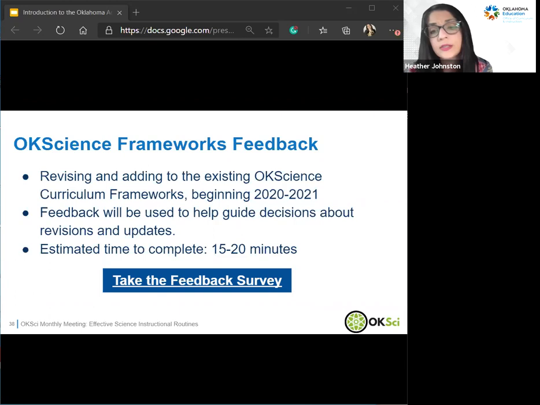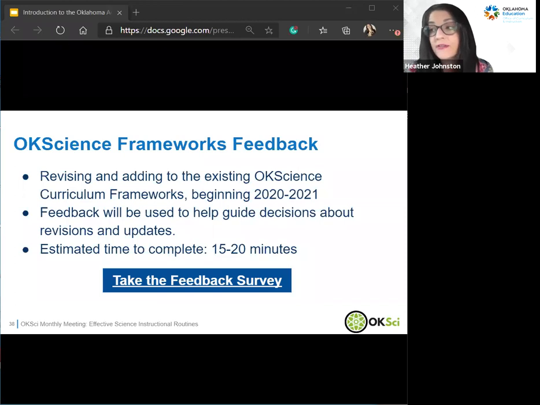We are going to be revising all of the frameworks, so kindergarten through 12th grade, and we are going to be developing new frameworks for pre-kindergarten, environmental science, physics, and earth and space science.